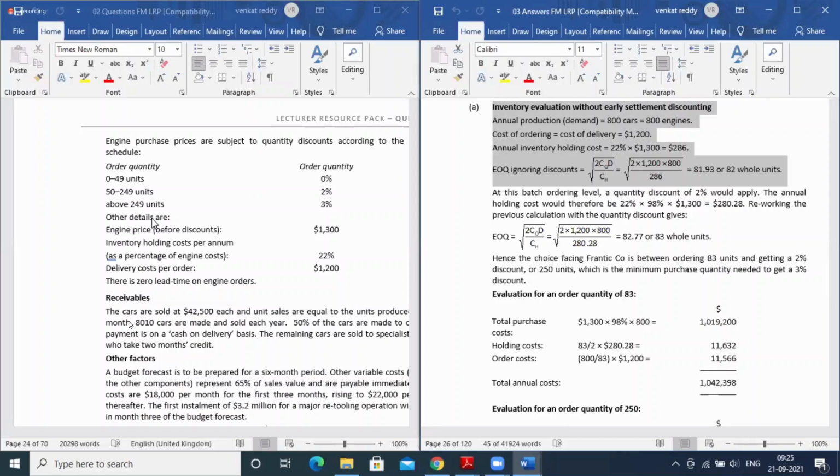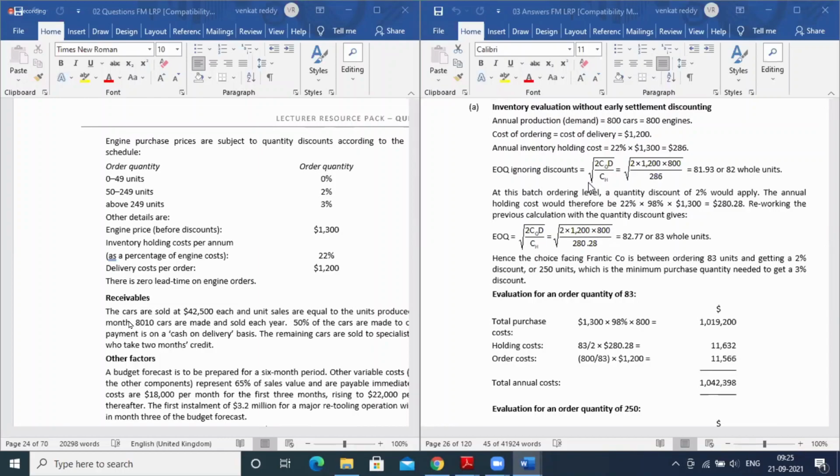I hope you have understood what I'm trying to say. Is that clear? Actually our EOQ was 81.93 or 82 units. So you qualify for a discount of 2%. Now because you are availing a discount, again you need to recalculate the holding cost, and when you recalculate it, then instead of 286, the holding cost is now only 280.2.